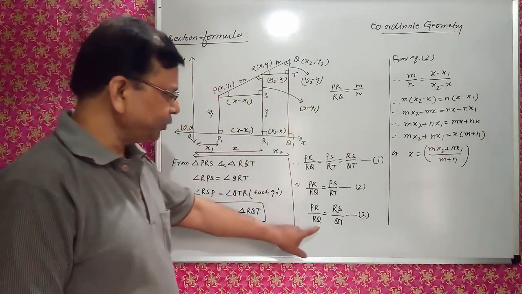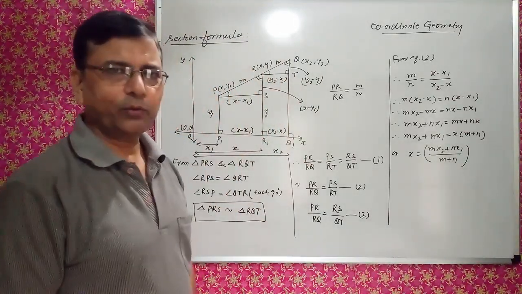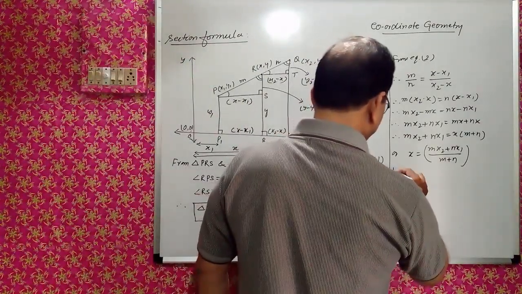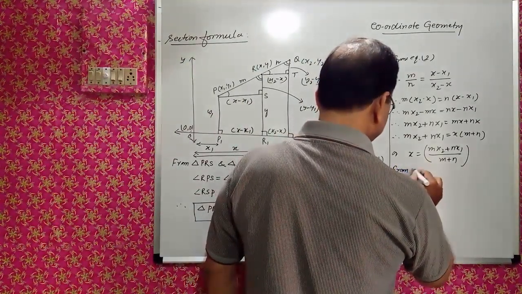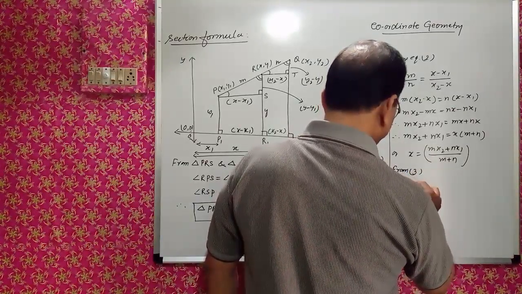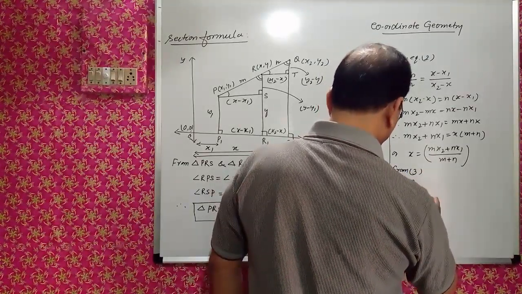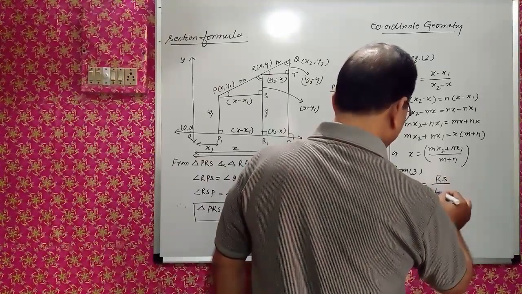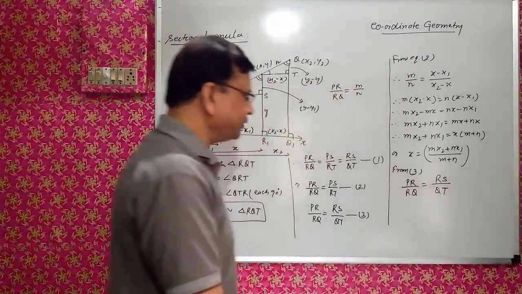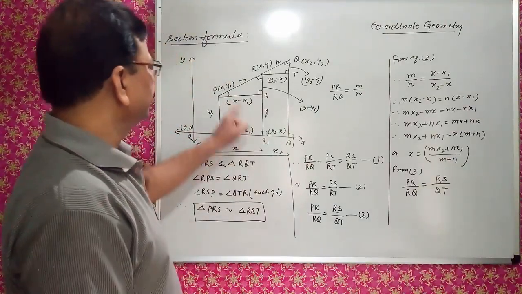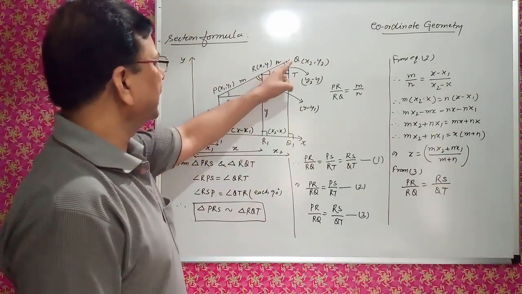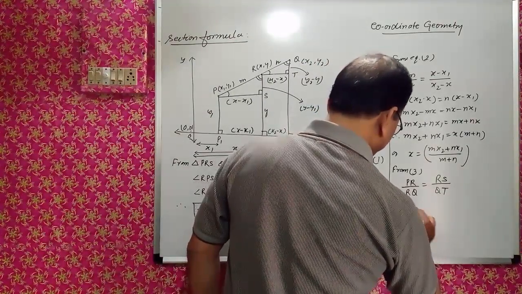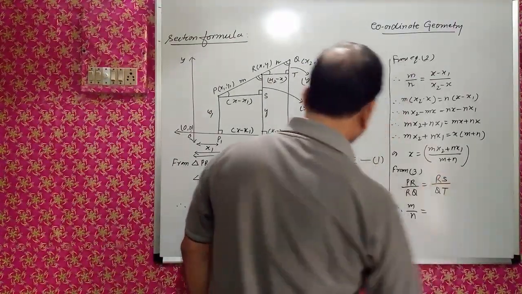In the similar fashion, using 3 we can find the y coordinate. For the y coordinate, this relation we will take. So we will write from 3, PR upon RQ is equal to RS upon QT. Put the values. PR upon RQ is m by n, is equal to RS.